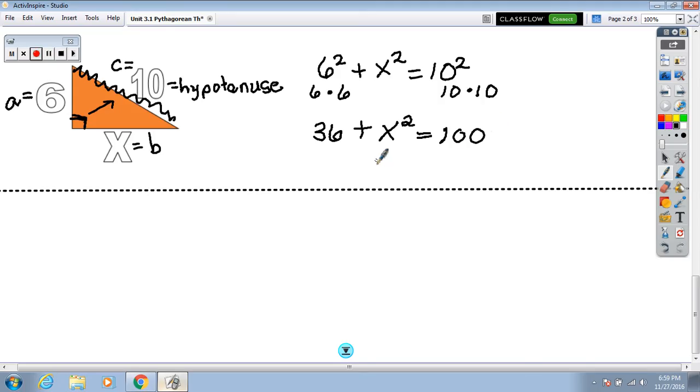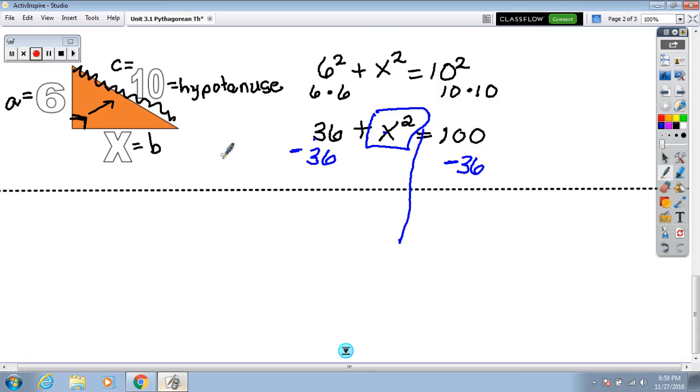Alright, remember when you're solving an equation, the goal is to get the variable to be by itself. So x has to stay on this side. You never move the variable. We want to move all the numbers to the other side. And since 36 is on the same side as x, we're going to move 36 because we want x to be by itself. So remember, you can't just pick 36 up and put it on the other side of the equation.